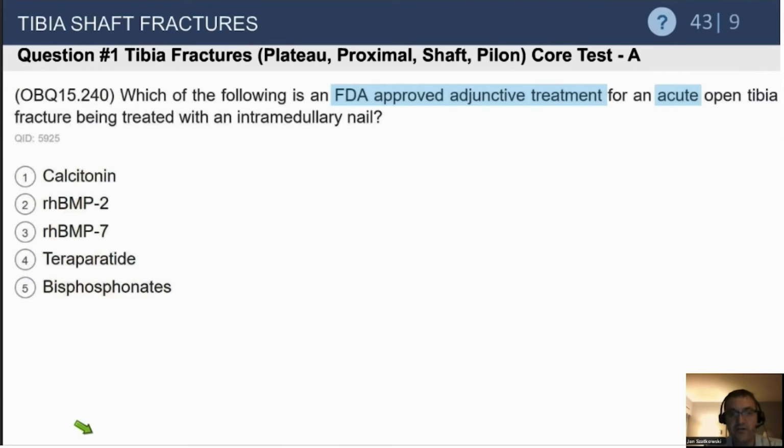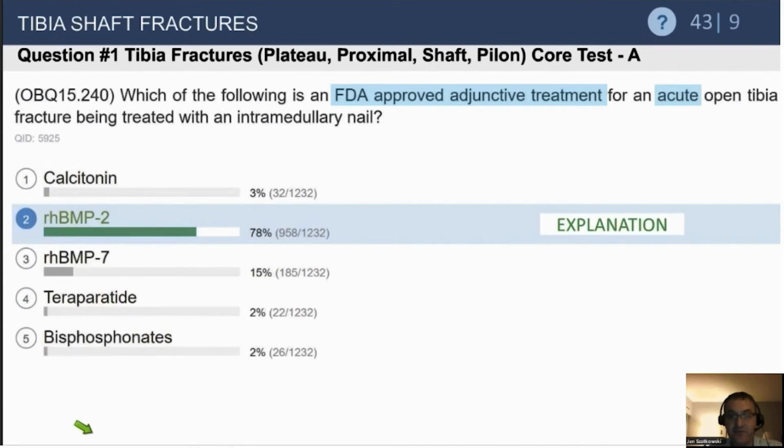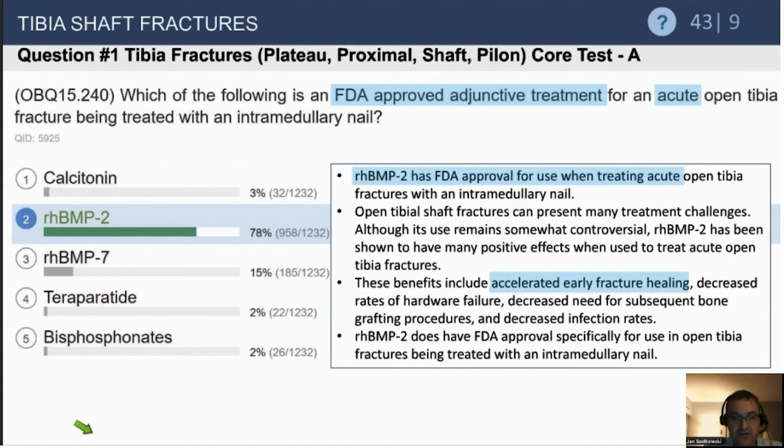So next question: which of the following is an FDA-approved adjunctive treatment for acute open tibia fractures treated with an IM nail? Once again, I think most of us know what this material is. I think this has fallen more out of favor, and many studies have been challenged, especially in the last several years. But Infuse, or BMP-2, is FDA approved for use while treating acute open tibia fractures with an IM nail.